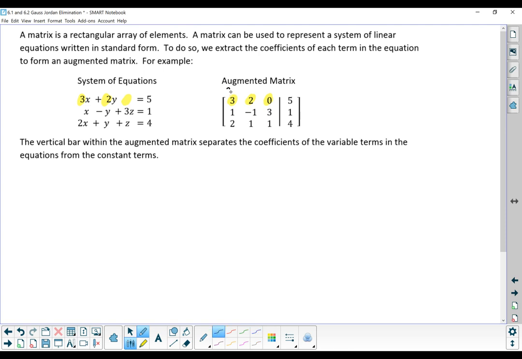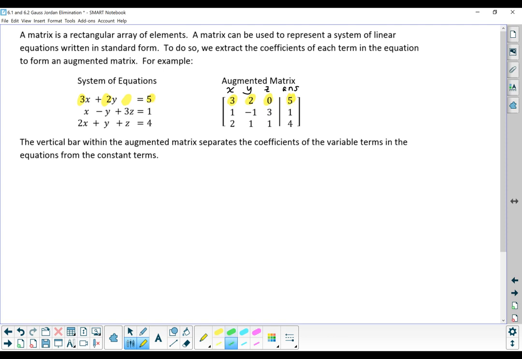And in your matrix, you have a column for the x coefficients, a column for the y coefficients, and a column for the z coefficients. And then your last column is what that is equal to. So the 5 here is in this last column.